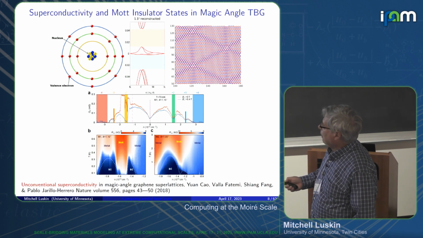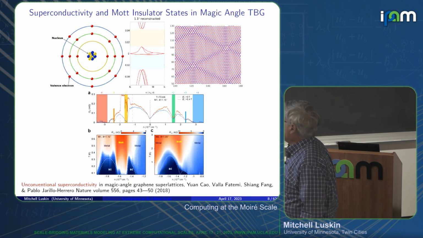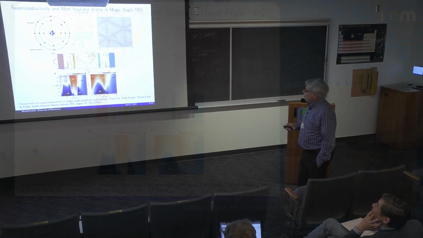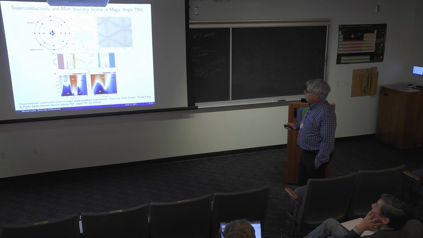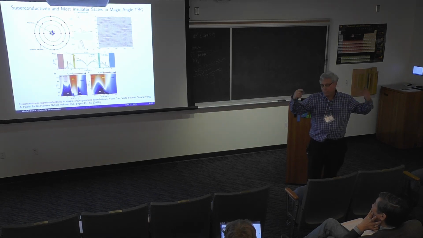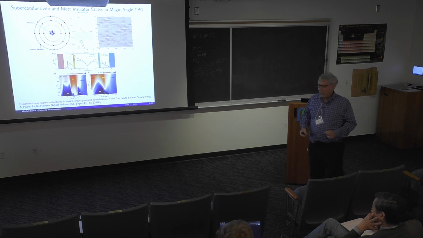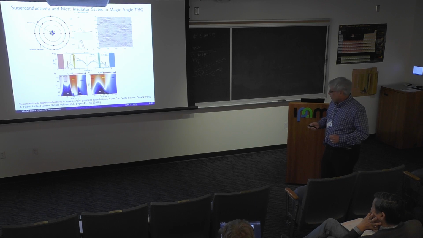The picture I like is looking at an atom. You have your valence electrons, and here, like I said, you have 4 bands. Each band can have 2 particles, with 2 different spins. So you really have 8. You can accommodate 8 electrons in here.